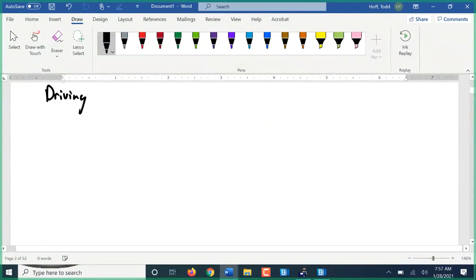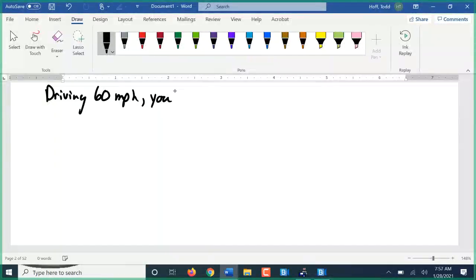Again, let's look at a similar situation. Driving 60 miles per hour, you will travel 400 miles in a given time.